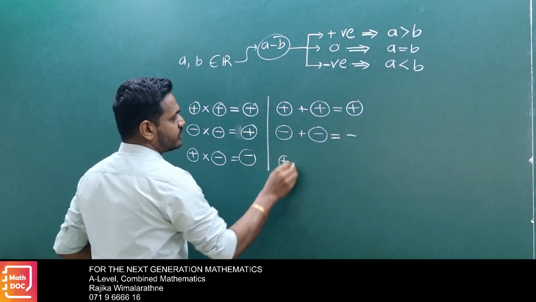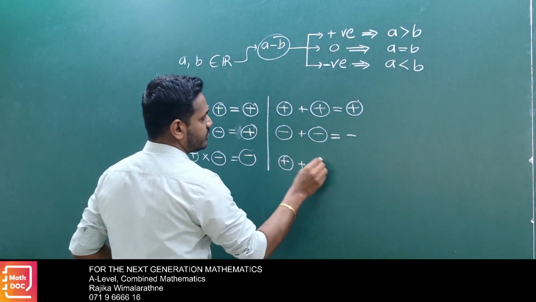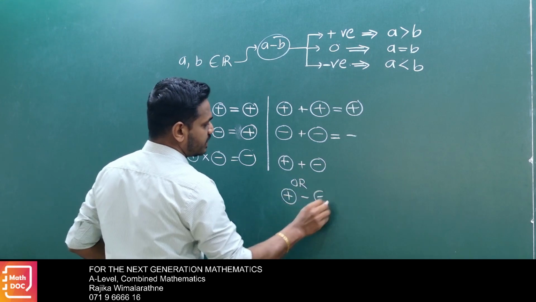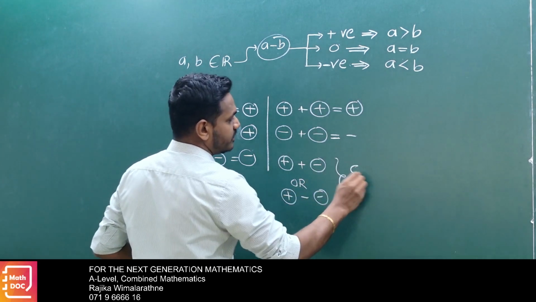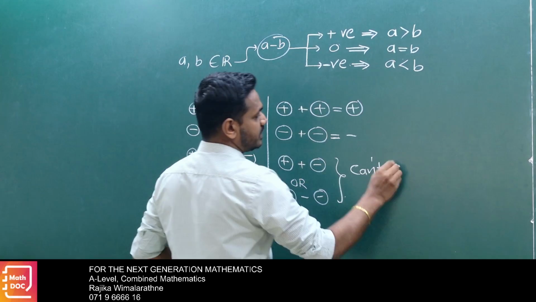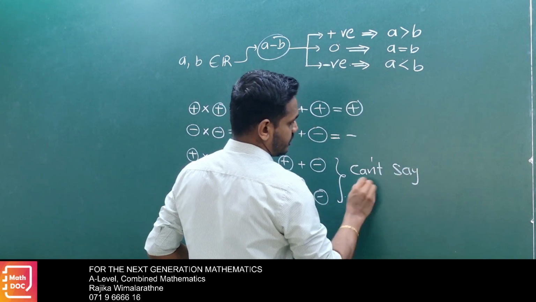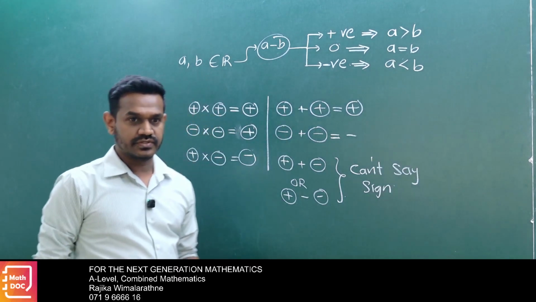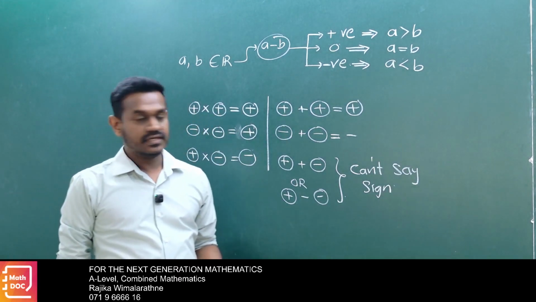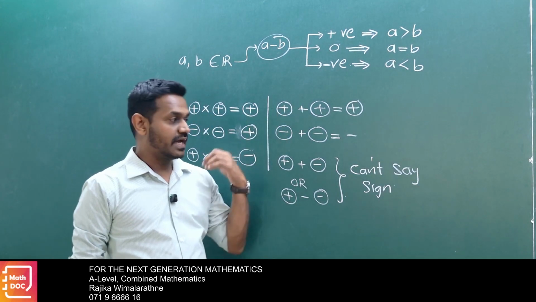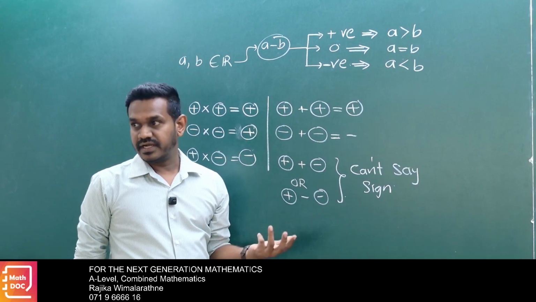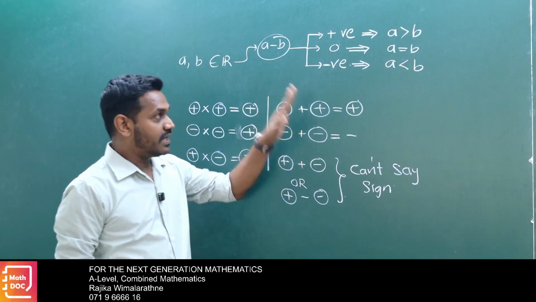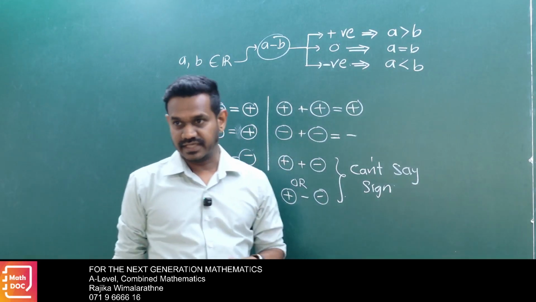But for positive plus negative or positive minus negative, we can't say the sign. So these are fundamental rules, fundamental theorems. With these theorems, we can derive many other inequality rules and theorems, and we have to analyze those under this inequality lesson.